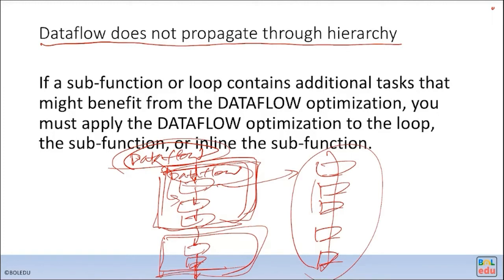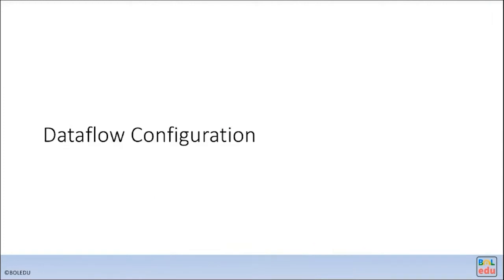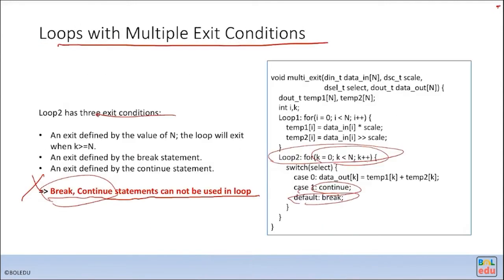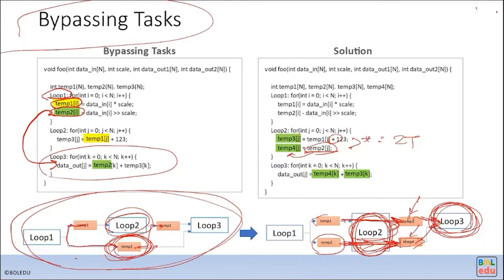I want to ask on the page single producer consumer violation. In that case, can we use a merge loop to solve the problem? Can we merge loop 2 and loop 3 into a single loop?